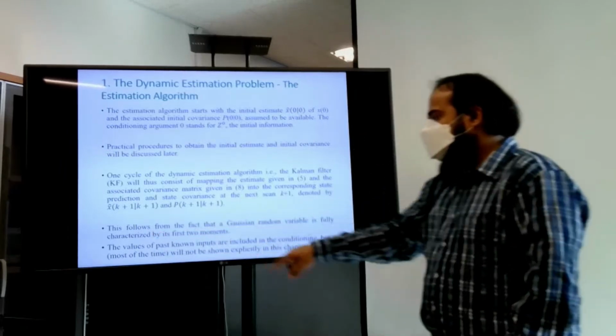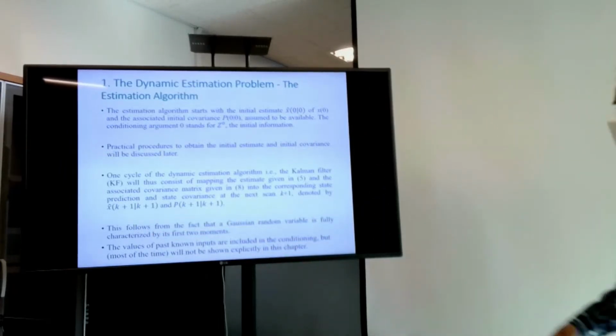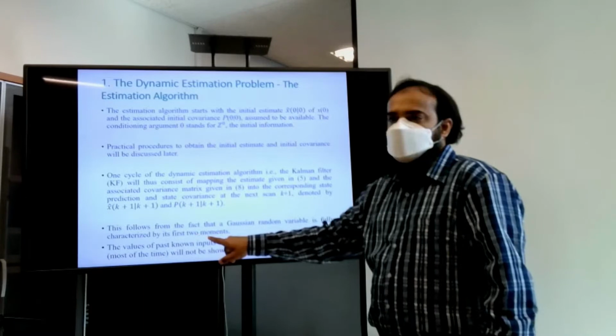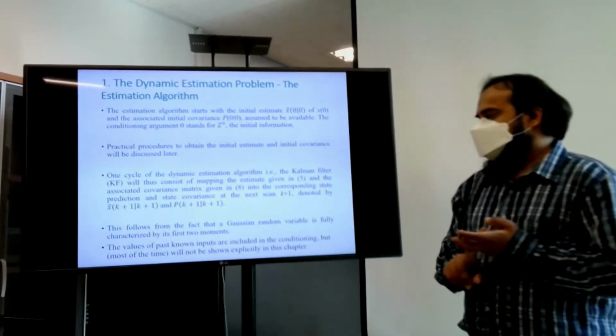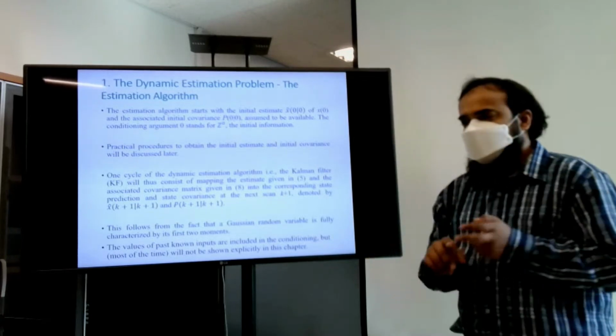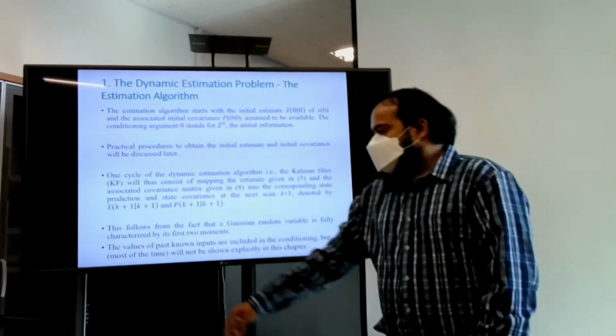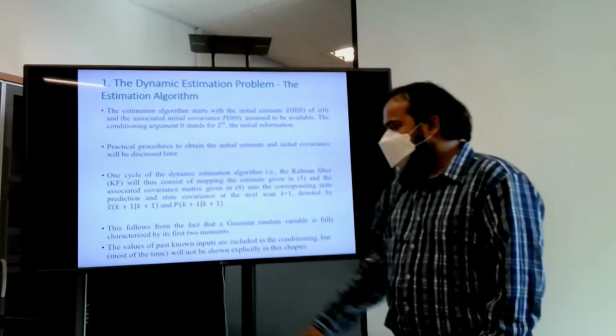This follows from the fact that a Gaussian random variable is fully characterized by its first two moments. The first two moments mean the mean and covariance. So we have to calculate the mean and covariance in each scan.